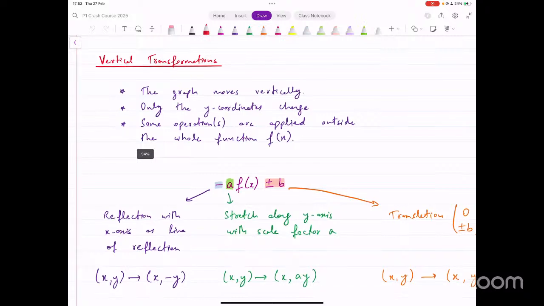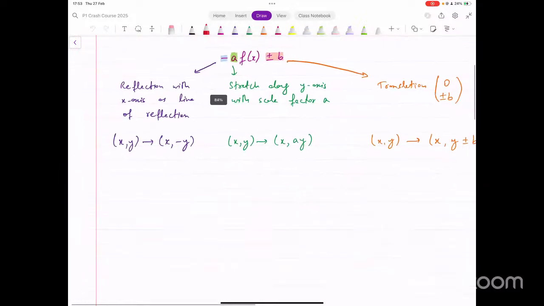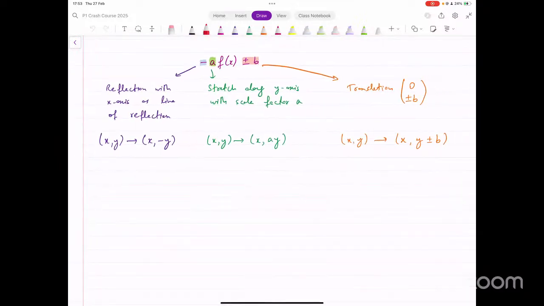If you have a vertical transformation, what happens is the graph moves vertically, the y coordinates change. And when do you have vertical transformations? When you have some operations applying outside the whole function. So if you have a function f of x, if you have negative multiplied outside, that's a reflection in x-axis.